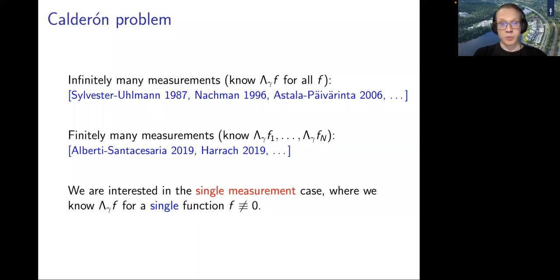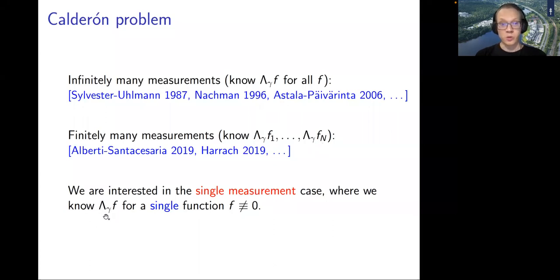But of course, in practice, one can only make finitely many measurements. So this is what people do computationally. So you know finitely many measurements, Lambda gamma f1 to Lambda gamma fN for some capital N. And there has recently been also rigorous work on these finitely many measurements, for instance, these papers by Alberti, Santacesaria, and Harrach. Actually, in this talk, we are interested in an even more extreme case, which is the single measurement case.